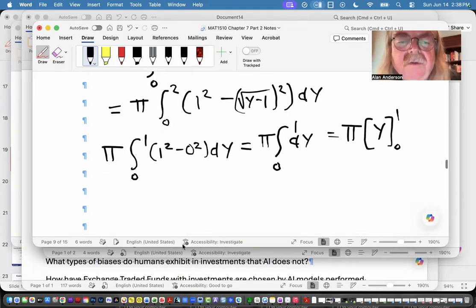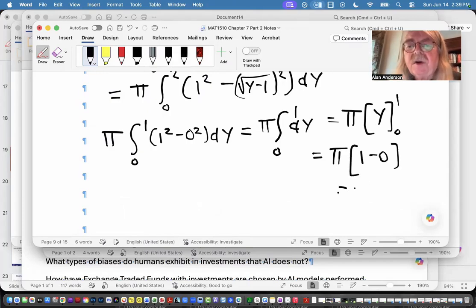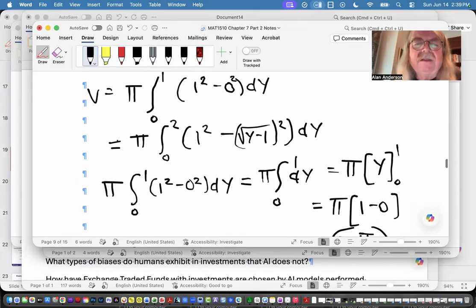Of course, these constants reduce to 1, then we have dy. When we integrate dy, it becomes y. And when we evaluate it, it becomes 1 minus 0. So the first part is just pi. Great. Now the second one, the challenging one, let's try that.